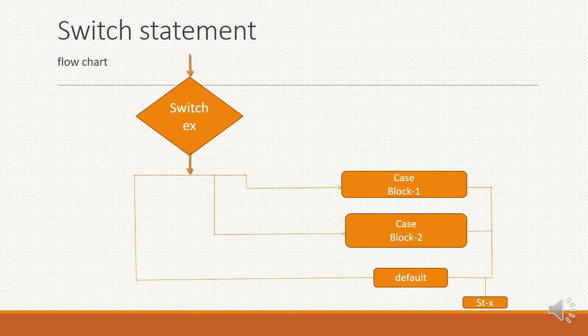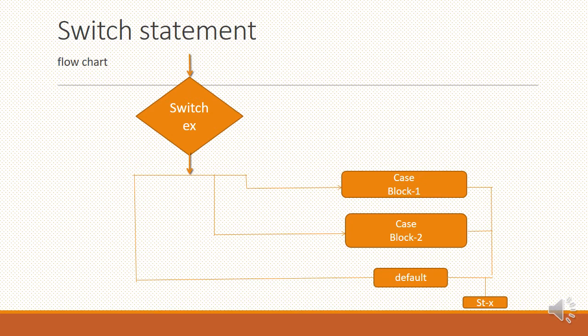Here in the switch expression, you write it and it goes directly to that case. I will explain in the example: the expression can be directly equal to case 1, case 2 or case 3, and any number of cases you can write here.